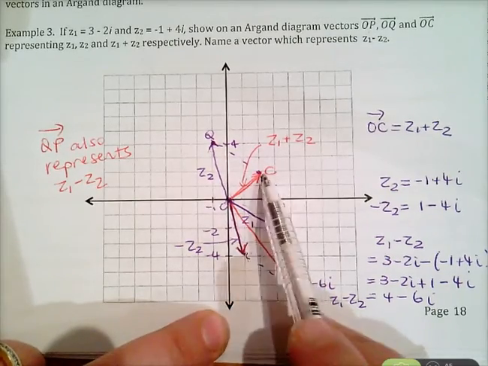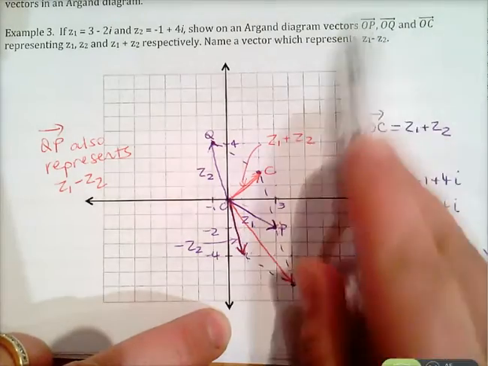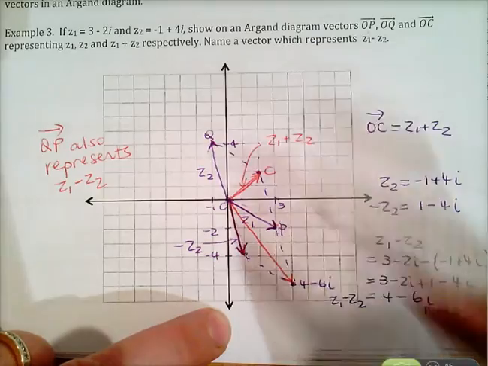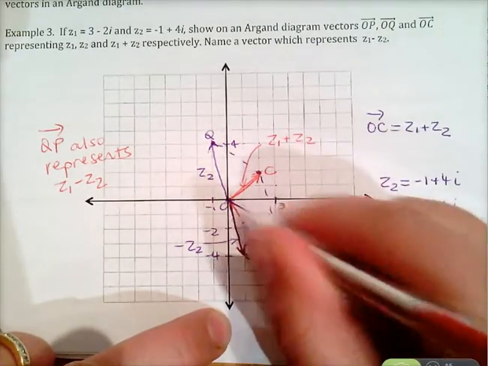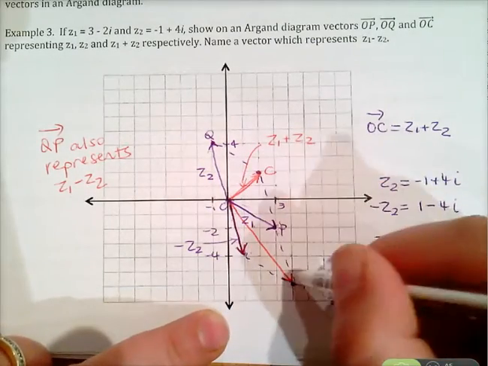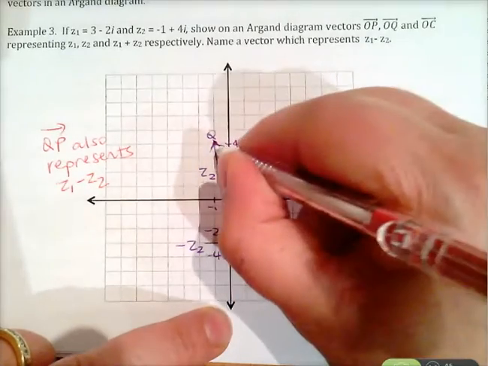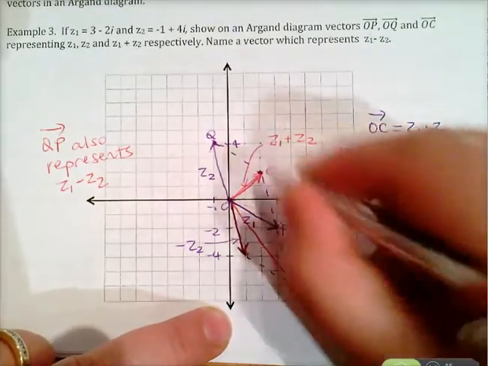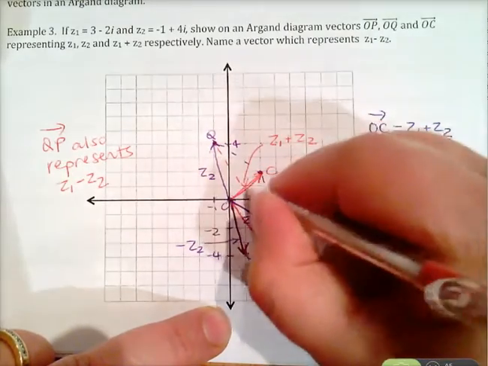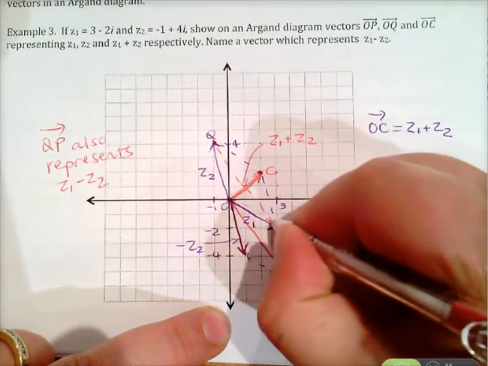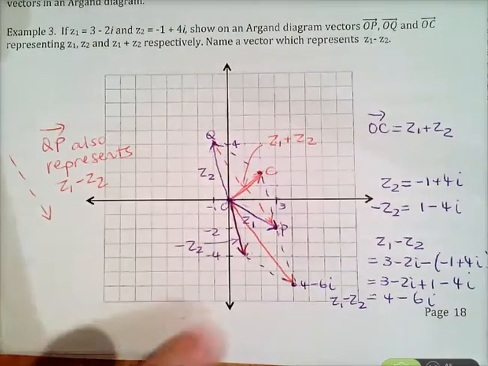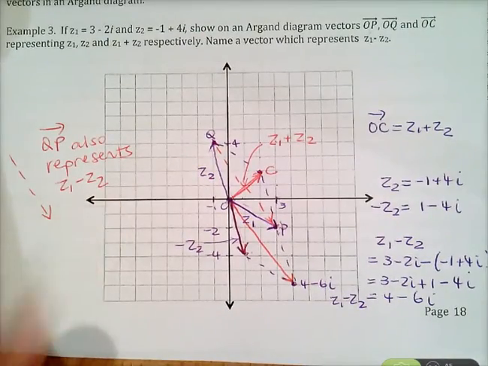Like this is P, this is C, this is Q. In this little example here, we've got no definition here for Z1 minus Z2. So this vector is like 4 across, 6 down. Well, so is this vector here from Q to P. It will be 4 across, 6 down as well. So this dotted vector, QP, represents Z1 minus Z2.